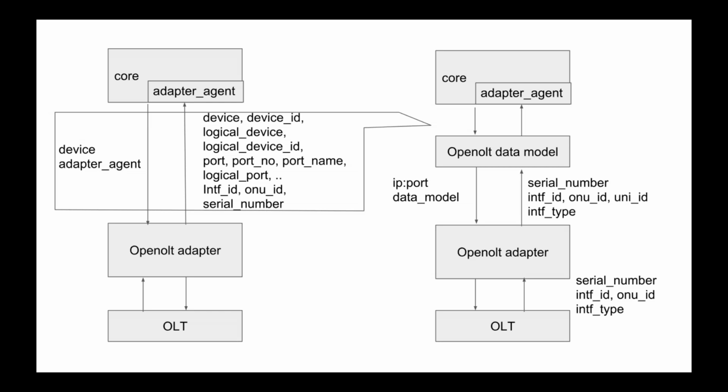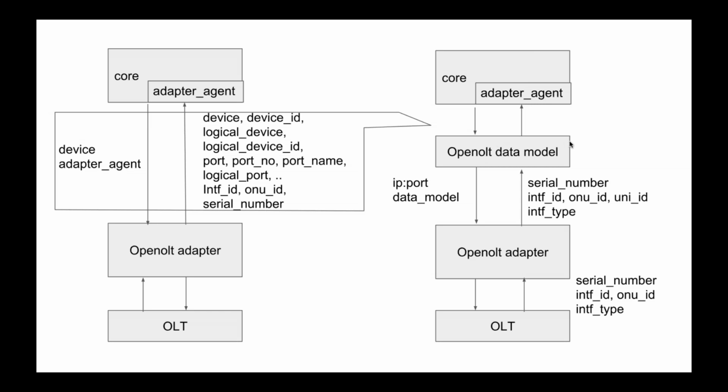Yes, so again, this is not 2.0. This is still 1.x. I'm wondering where the boundary is, because you would have to have an OpenOLT data model for 2.0 which is talking to the 2.0 core proxy.